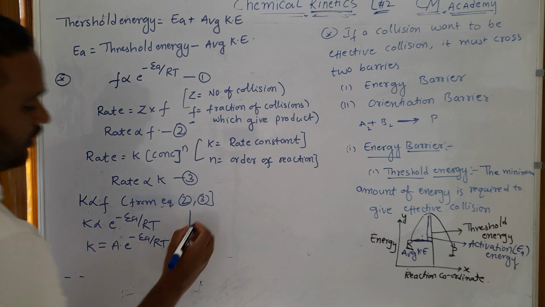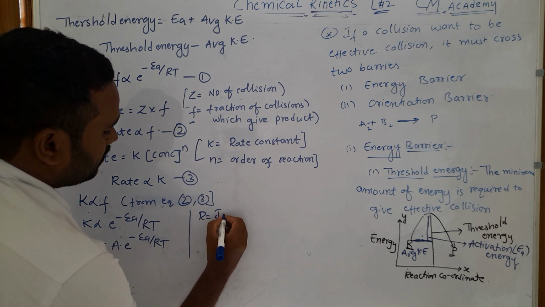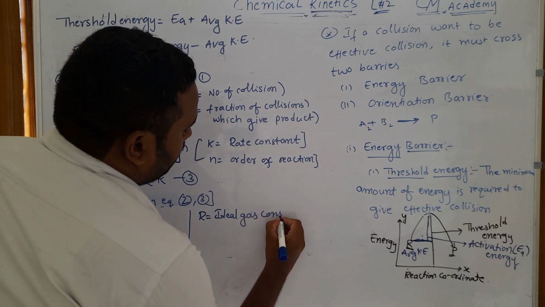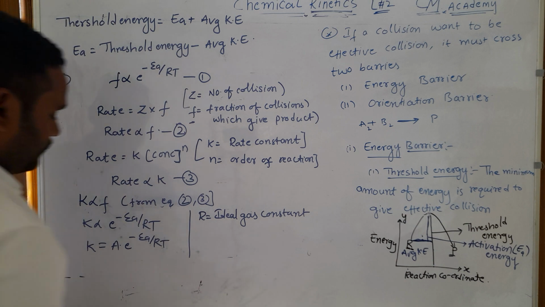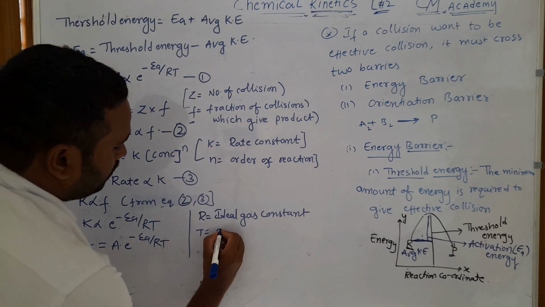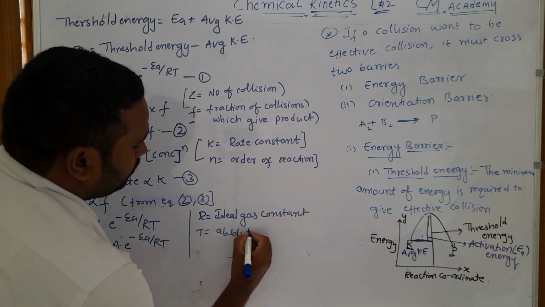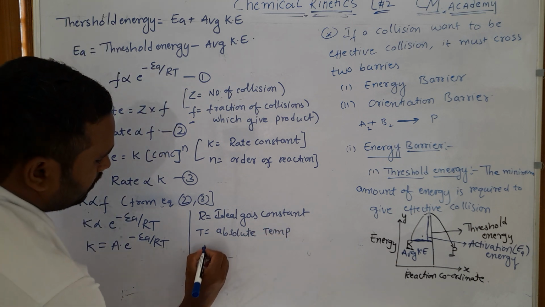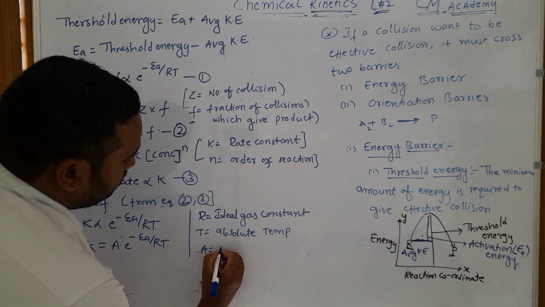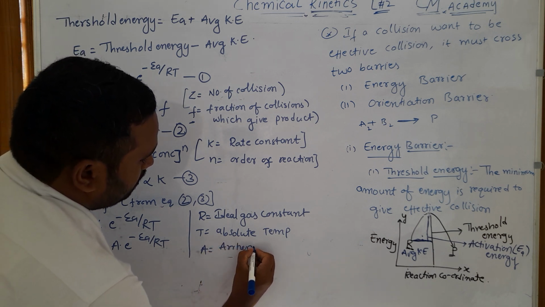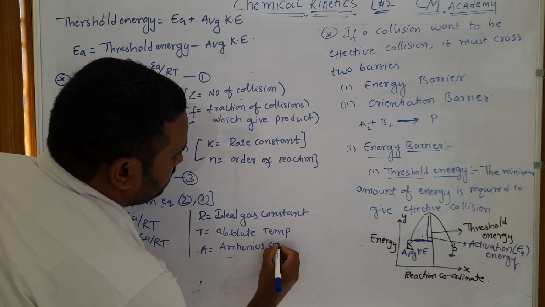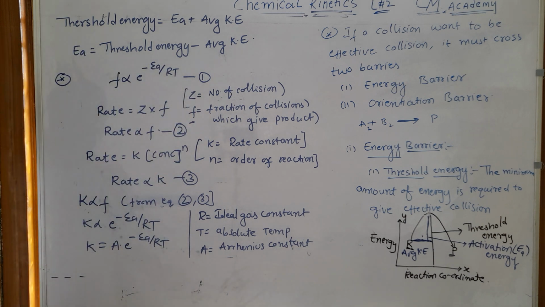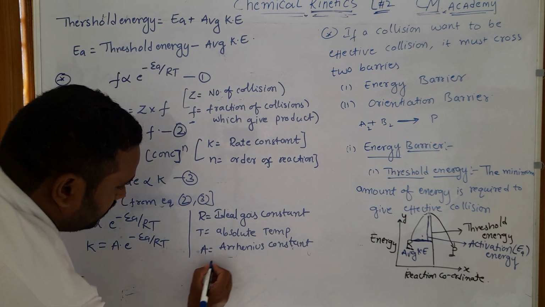Then R is the ideal gas constant, and T is the absolute temperature, and A is called the Arrhenius constant, or pre-exponential constant.